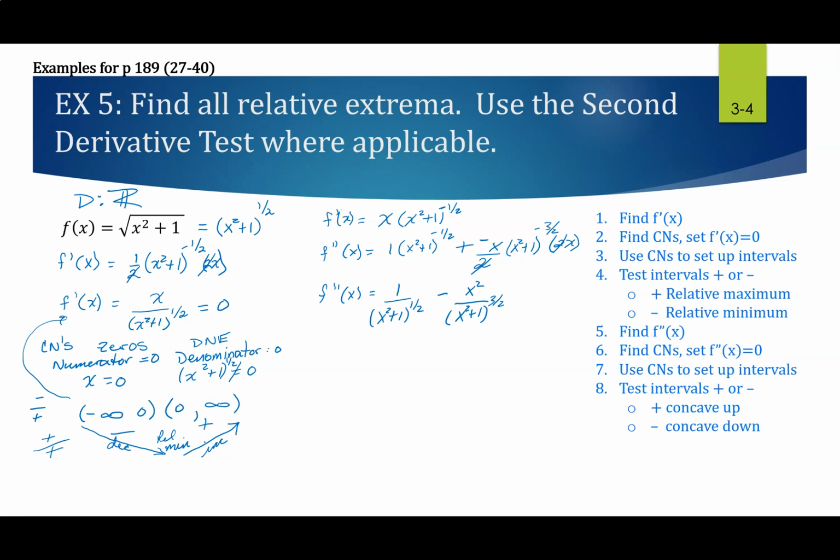I want to make a common denominator, so I know I need to multiply the left fraction by x squared plus 1 over x squared plus 1, both to the first power.